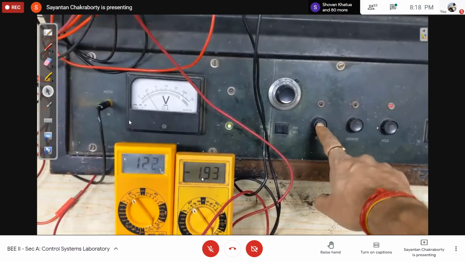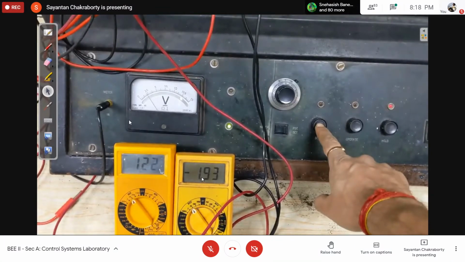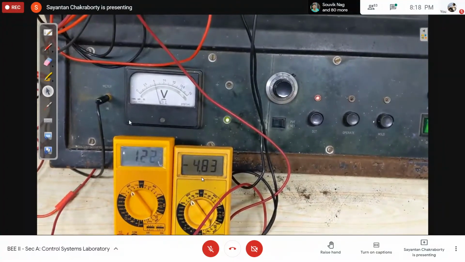This will set the initial condition on the integrator. See what happens. We expect the output of the integrator to move to -5 or near that value. It has reached -4.83. It will stay there because we have not pressed the operate button, so the integrator is not operating. It is just receiving the initial condition and showing the output.